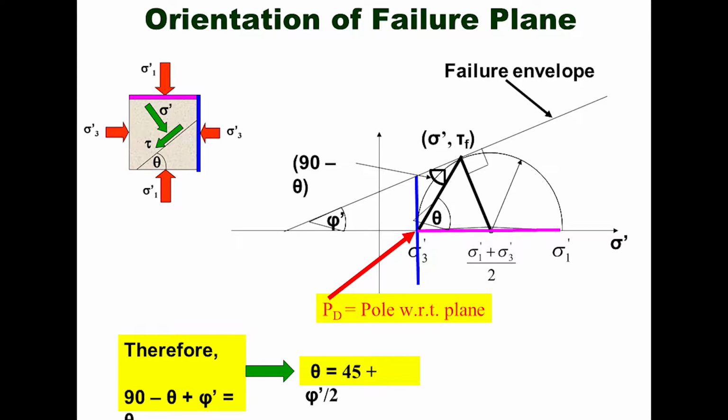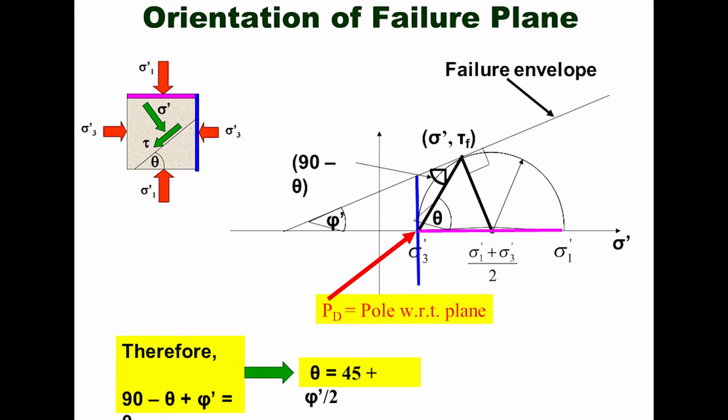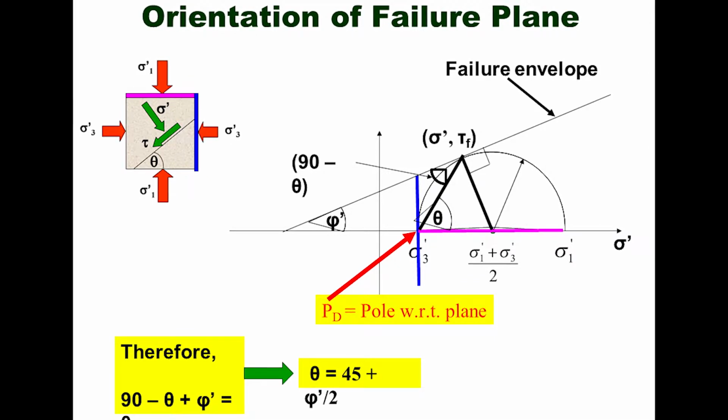Therefore, 90 minus theta plus phi dash is equal to theta. So theta is equal to 45 plus phi dash by 2, or for total stress, theta is equal to 45 plus phi by 2.